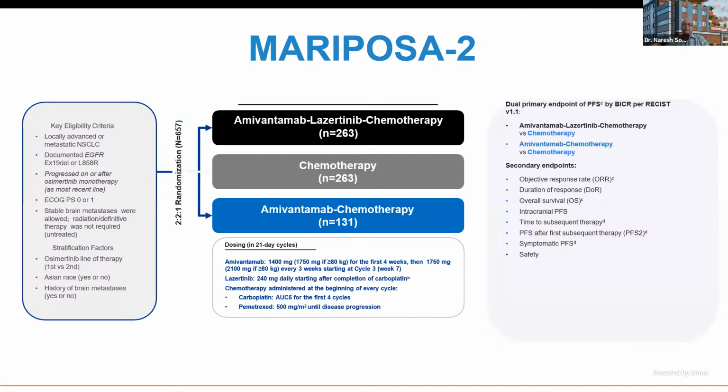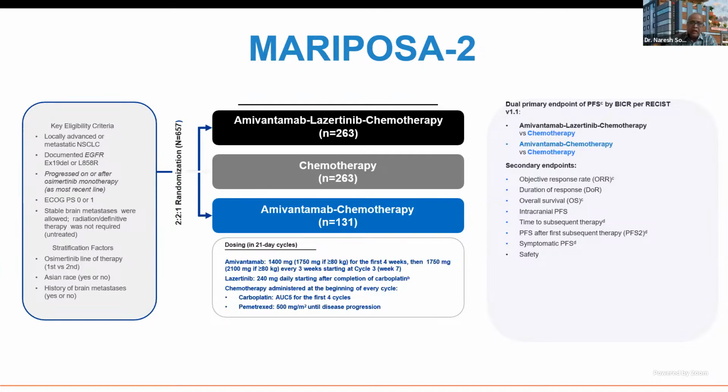Coming to MARIPOSA 2, which was also talked about in this particular ELCC, that was locally advanced or metastatic NSCLC with documented EGFR-positive patients who had progressed on osimertinib as monotherapy, as the most recent treatment, which may be first line or second line.